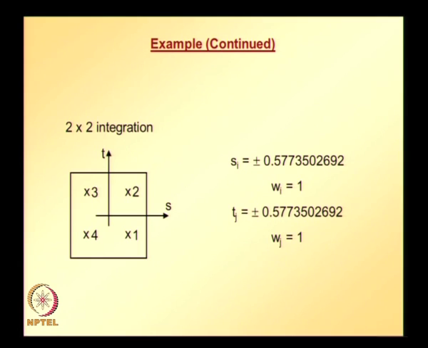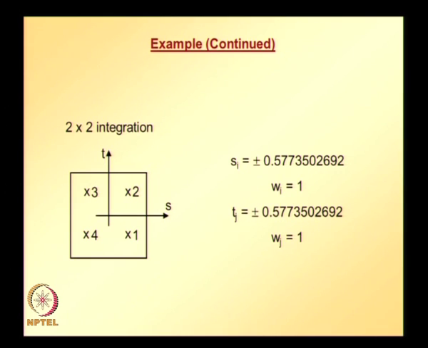With this we can easily figure out the locations of all the 4 integration points. So, now our job is to evaluate the integrand using these weights and coordinates at each of the 4 integration points.